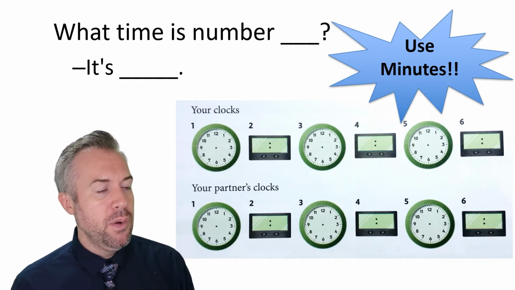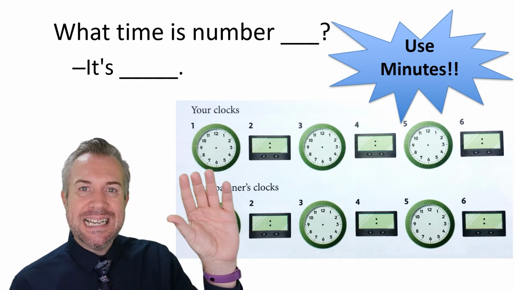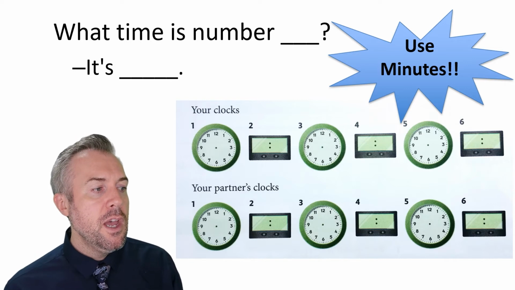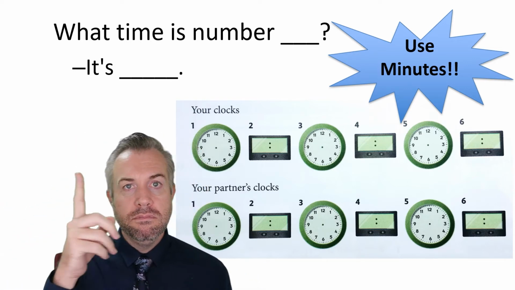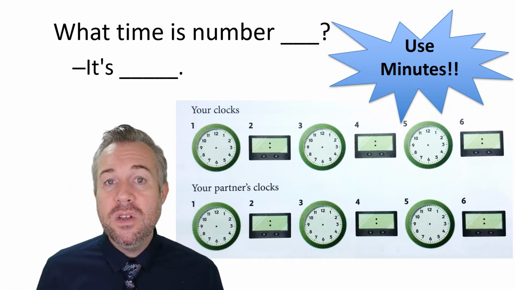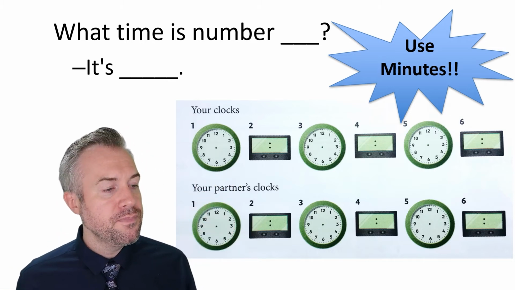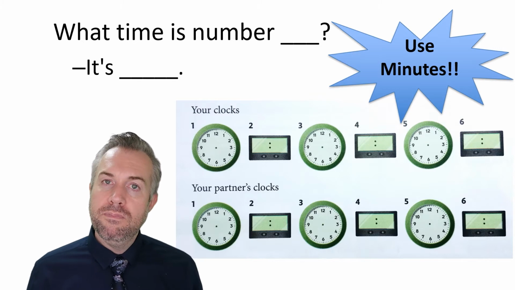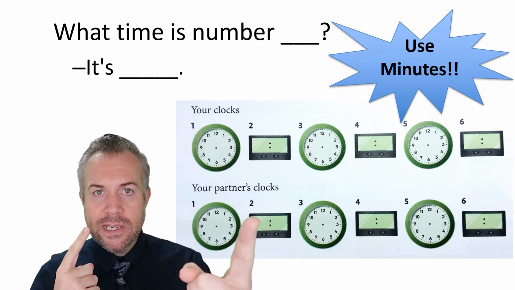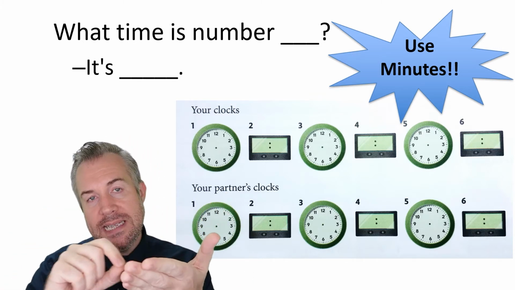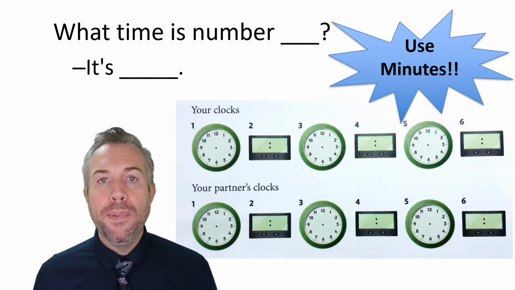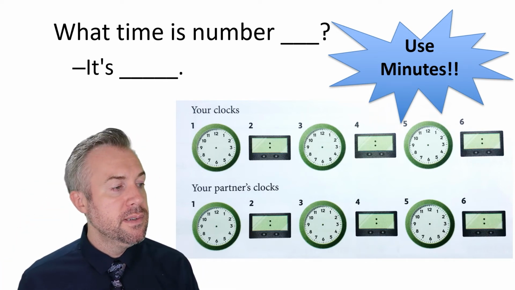So when you have your 6 clocks, your partner, wherever they are, will also have 6 clocks. Your mission is to ask each other questions, to write down or draw your partner's clocks.